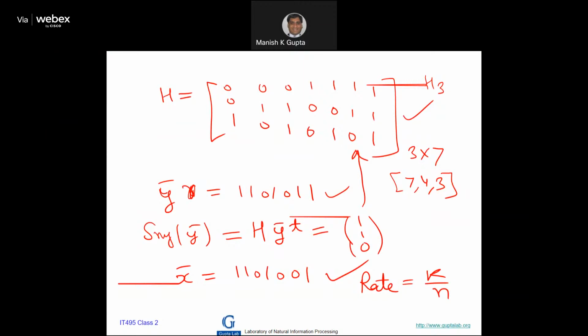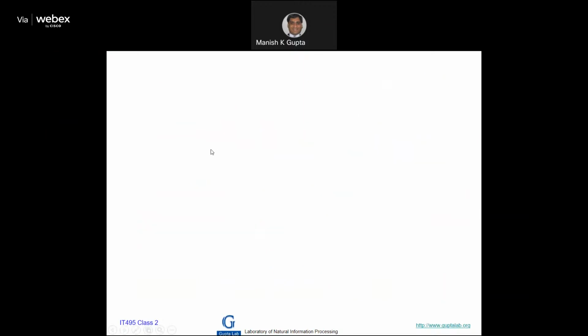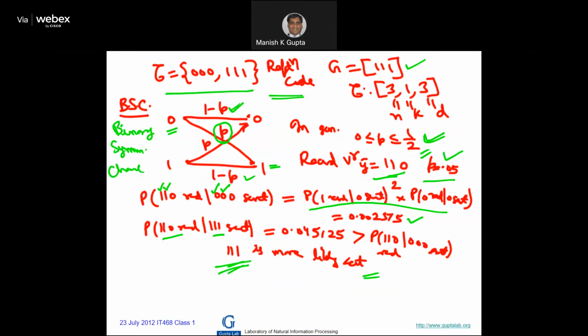If you look at this binary symmetric channel, I will show you now how probabilistic decoding is done. So yes, I am again taking that same example.